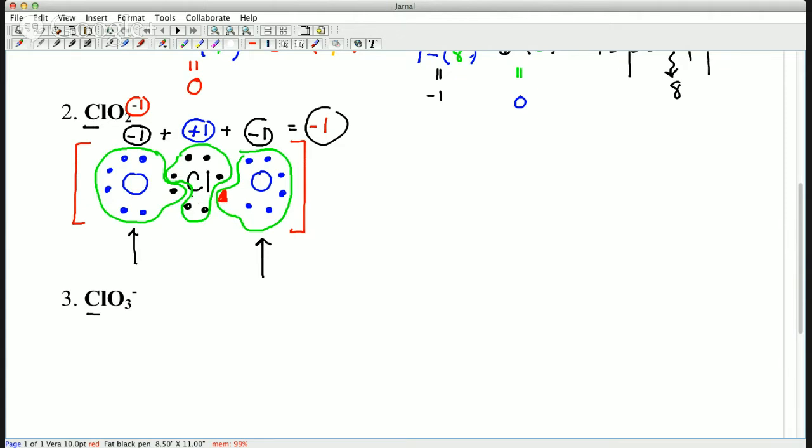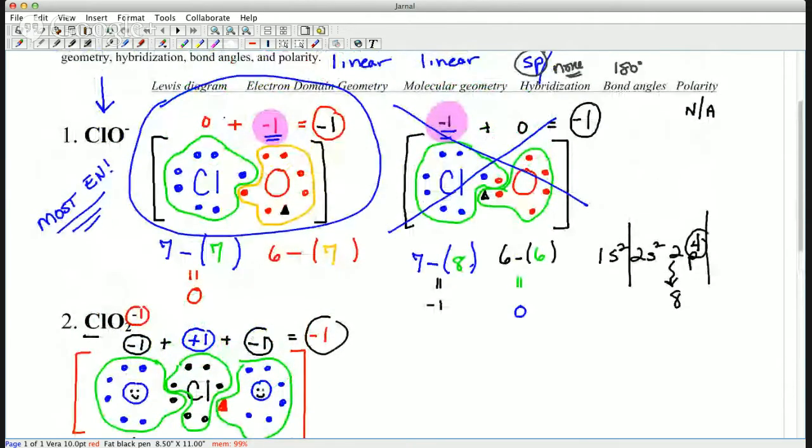And since oxygen is more electronegative, that would mean that this is a reasonable structure. But what if I could get my oxygens to be 0? Remember, we talked about this. A 0 structure is a more preferred structure because it means that you're using all of the electrons.